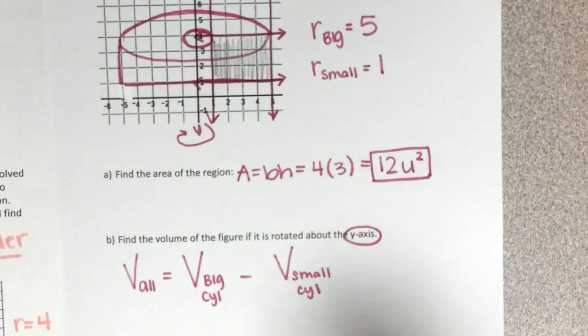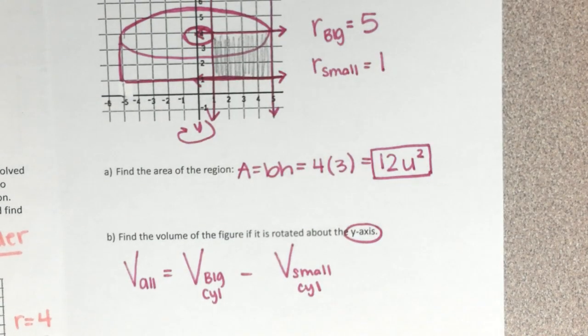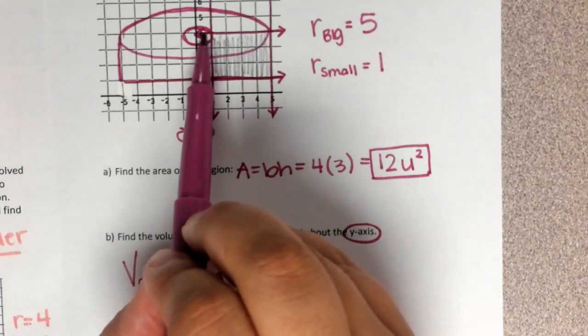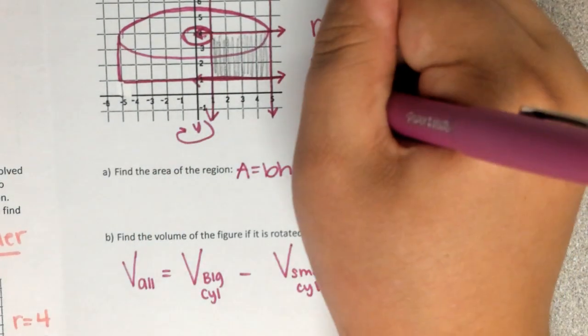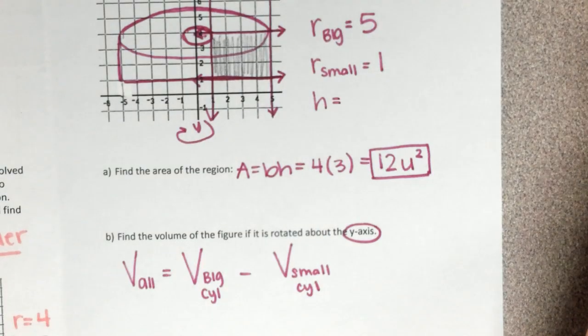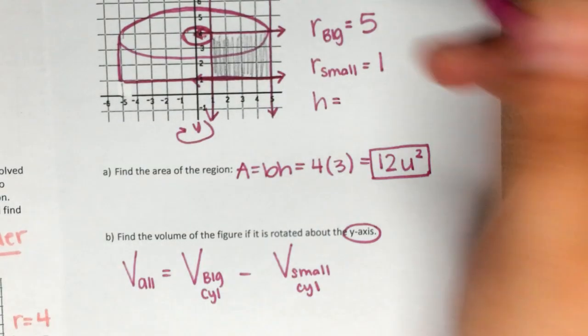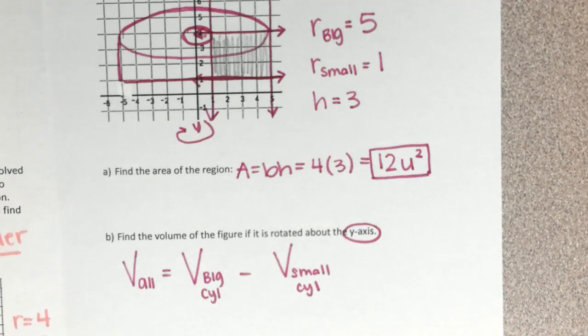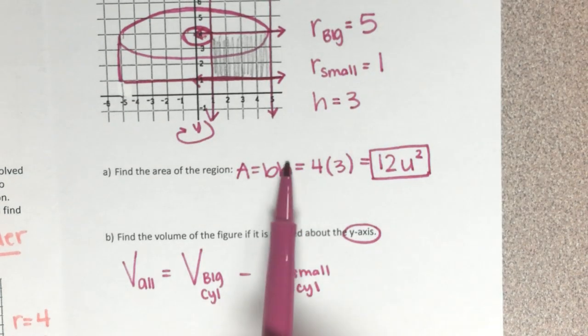Just 1. Does everybody agree with that? The radius of the big is from the y-axis over 5. The radius of the small is just that little one. And what's the height of both of these cylinders going to be? 3. Because it's 1, 2, 3 units. Remember we said the height was 3 right here? Same thing.